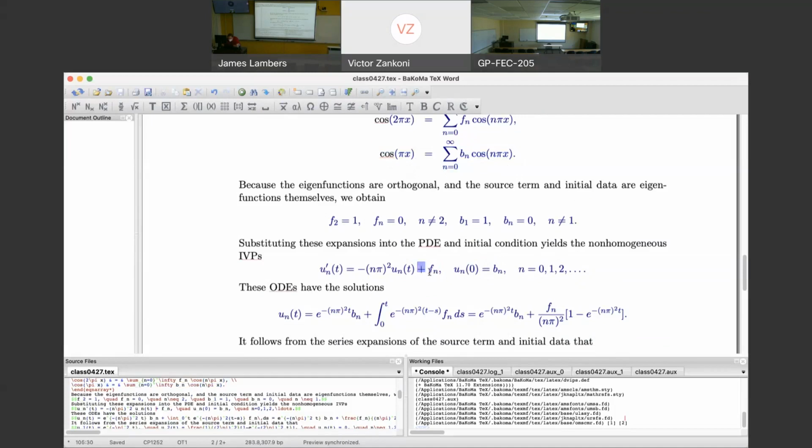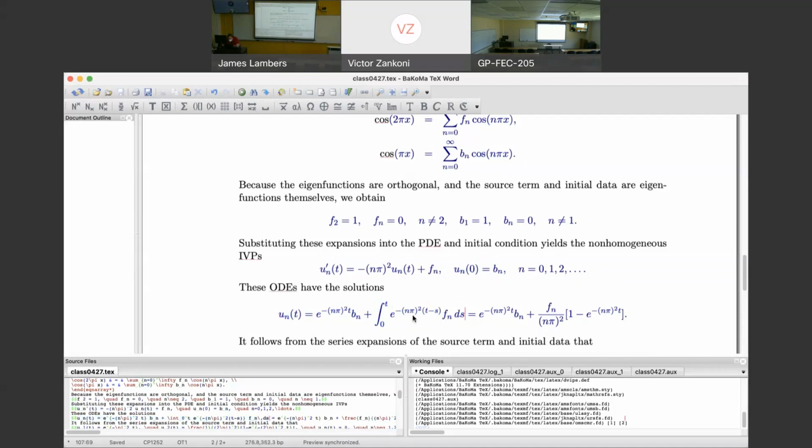So source term contributes this, initial data contributes this. And this applies regardless of whether any of these are 0 or non-zero. We have a solution formula for this ODE that's given here.